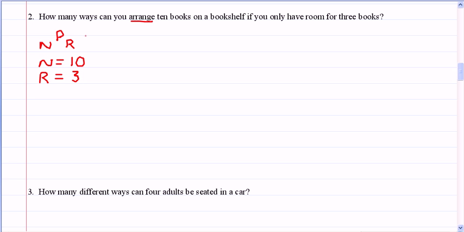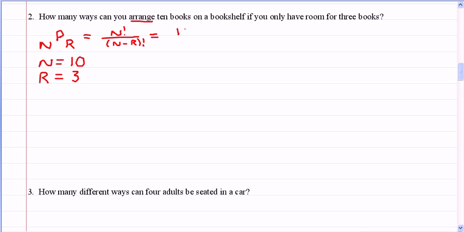So now that you've identified your n and r, and we know it's a permutation because it's an arrangement, the formula is n factorial over n minus r factorial.